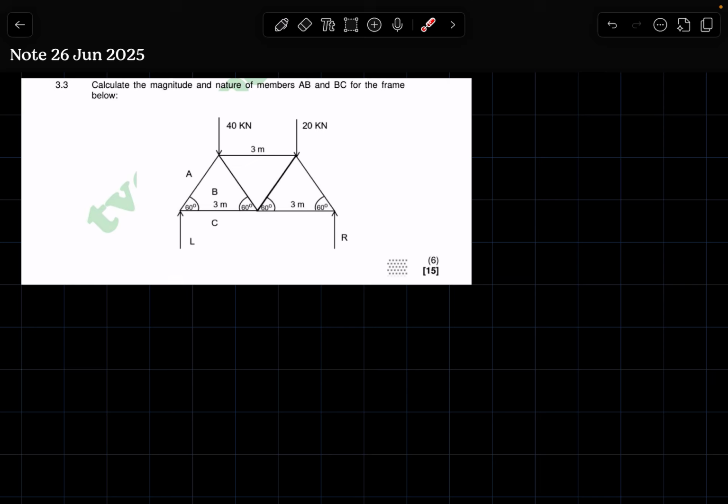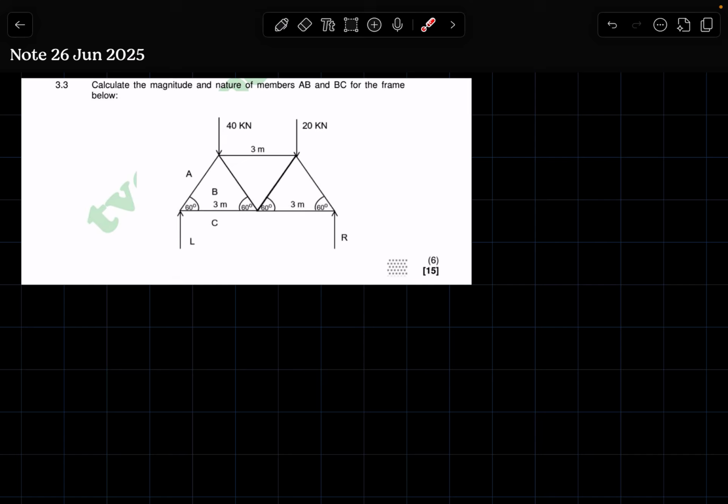For frameworks or roof trusses in particular, these here are referred to as the members of the framework, or the roof truss. The forces on the outside of the framework, we can simply refer to as external forces.